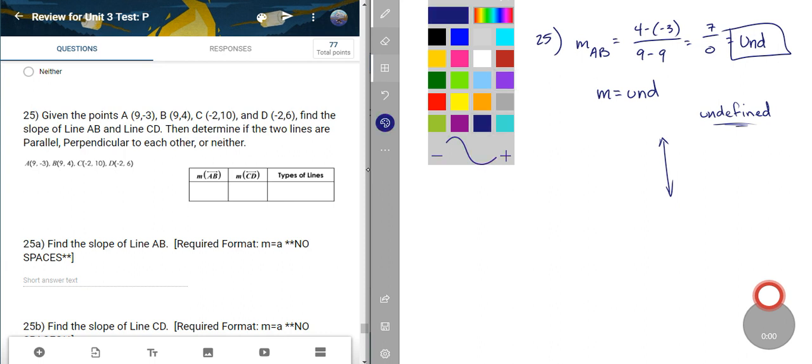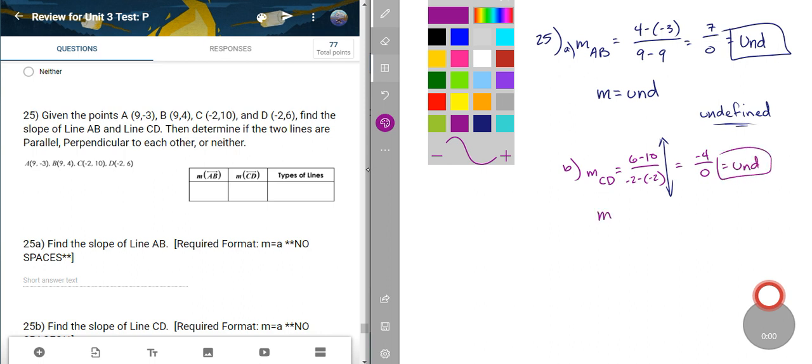Okay, so that was part A. Let's look at part B. Slope of CD equals 6 minus 10 over -2 minus -2. And we're going to notice we get a negative 4 over 0 again, which is also undefined.